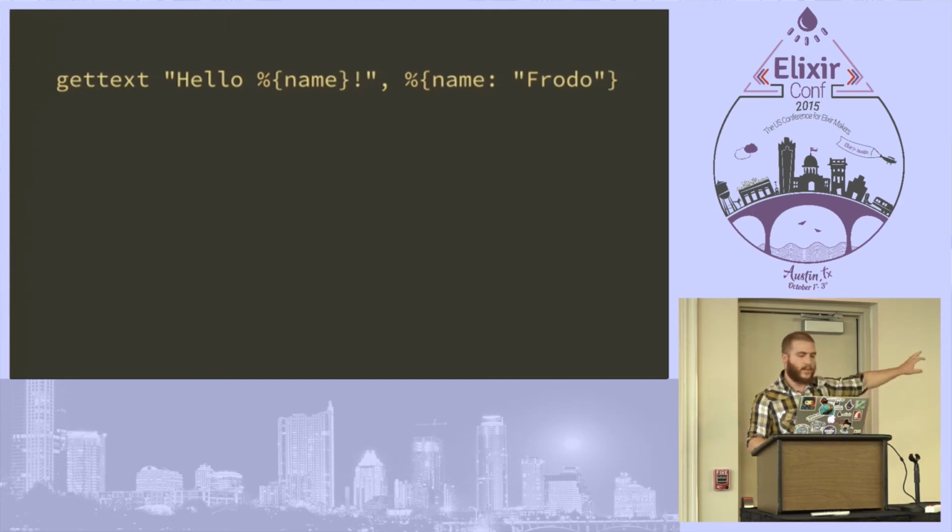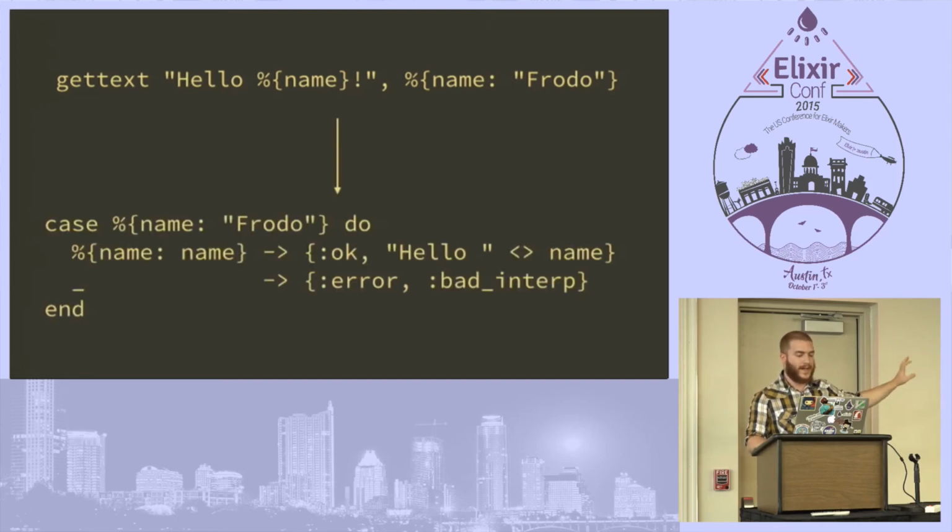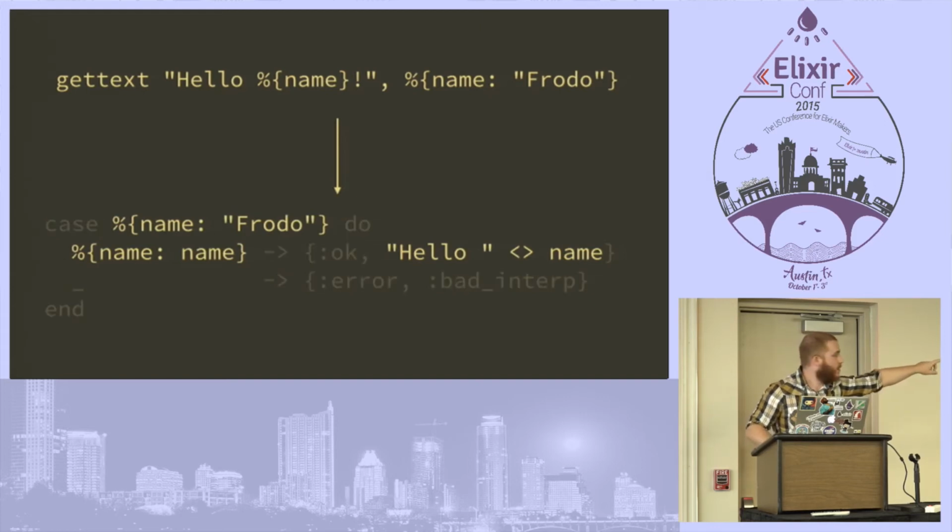We have a percent curly bracket syntax for interpolation, and we pass some bindings to it. And basically what this compiles to is just a case statement, but the case statement is not important because it's just used to check that all the bindings are there and to bind them to variables.